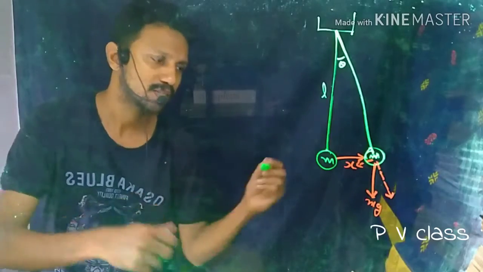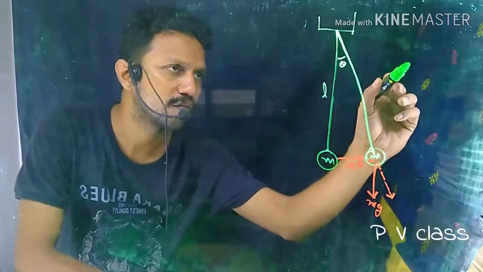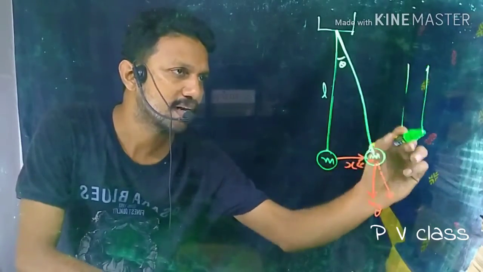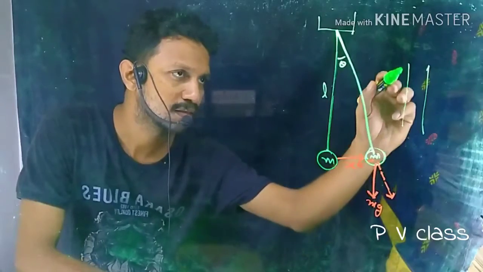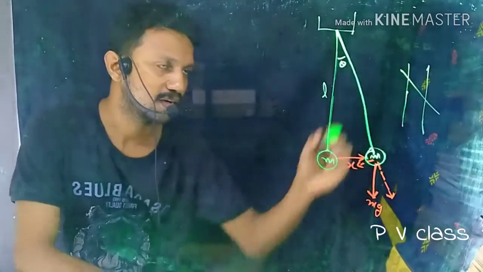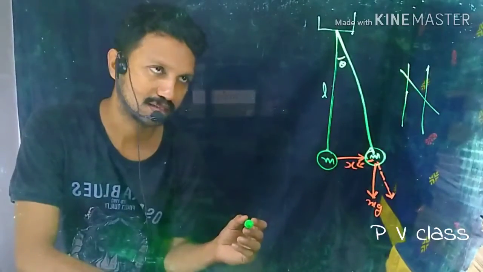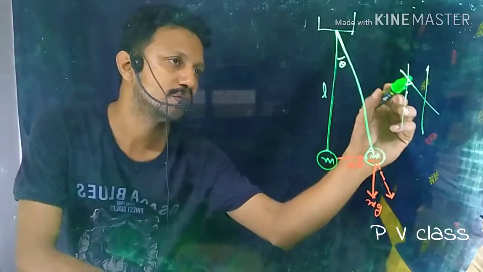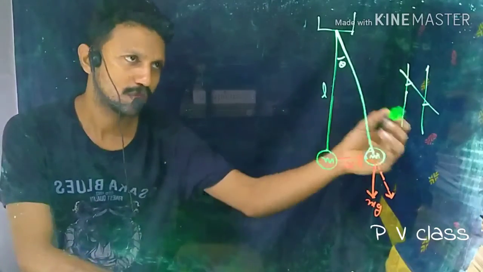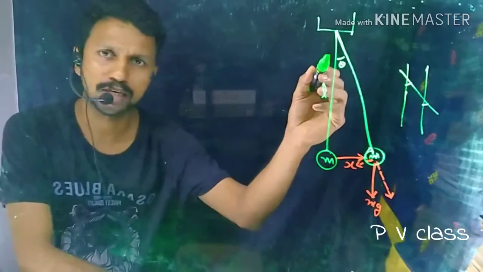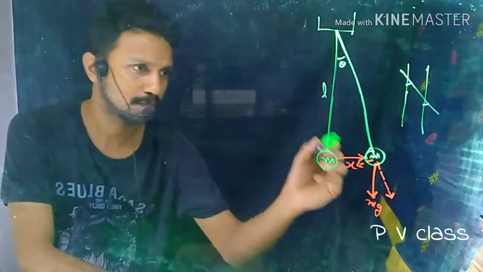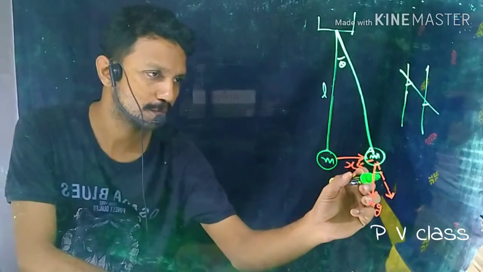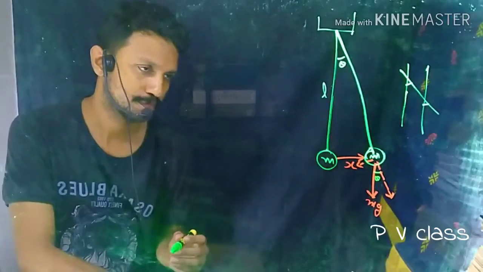Then, as we all know, if we have parallel lines like this, and a line intersecting the parallel lines like this, these two angles are equal. By using this concept, if this angle is theta, this angle should be theta.